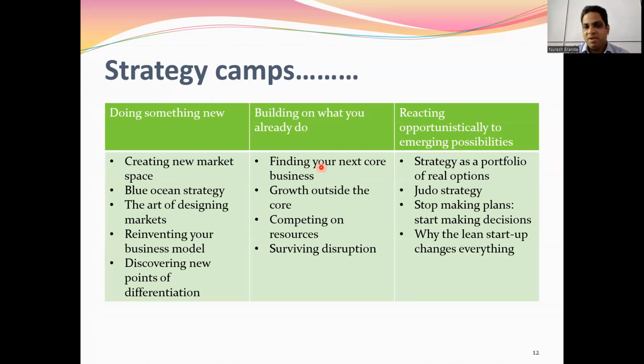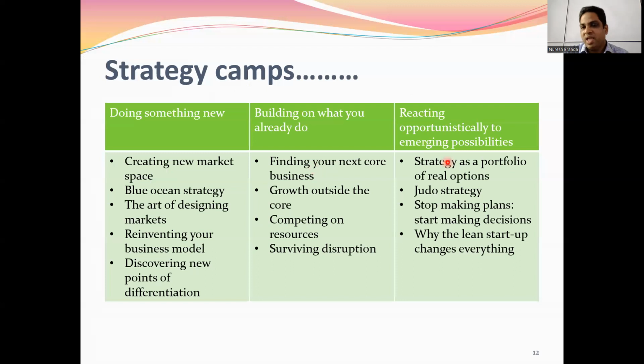So, for example, you can find your next core business out of what you are doing. Right now, you may be a confectionery manufacturing organization, but you may think, what about starting drinking bottle manufacturing? It can be another initiative which extends from what you have been doing already.